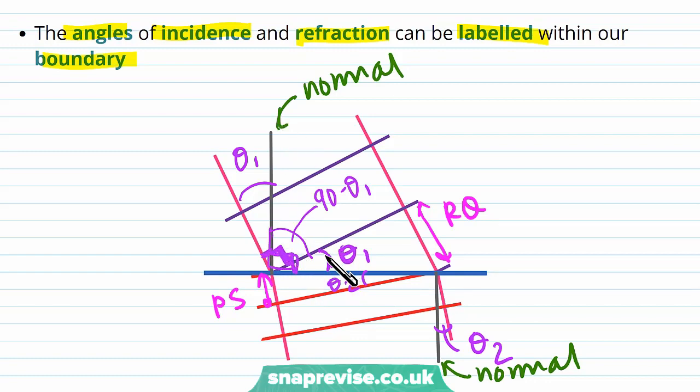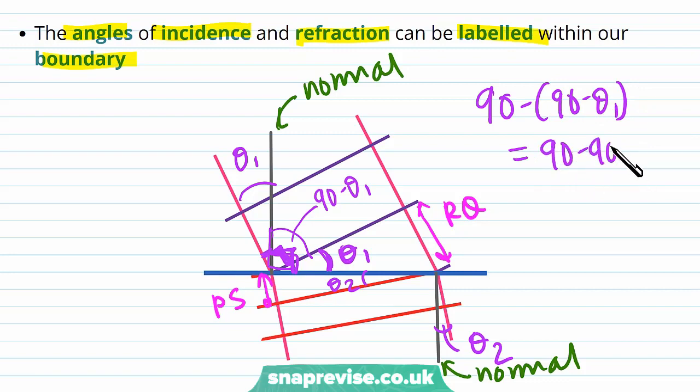So that allows us to conclude that this angle here is θ1, because if this is 90 degrees and this angle is 90 minus θ1, then the remaining angle is 90 minus (90 minus θ1), which is 90 minus 90 plus θ1. So that's how we get that this angle is θ1, and the same applies to this other angle, which is θ2.